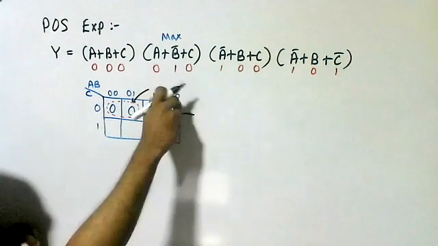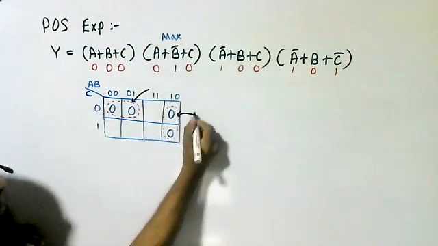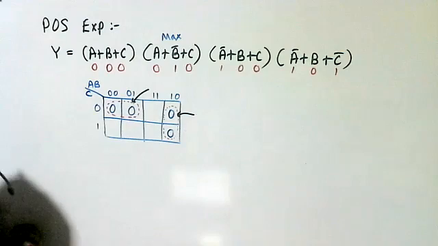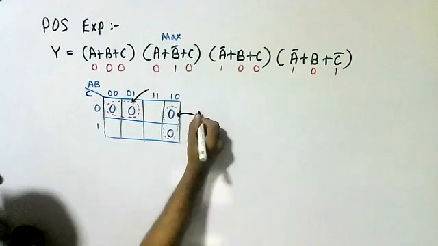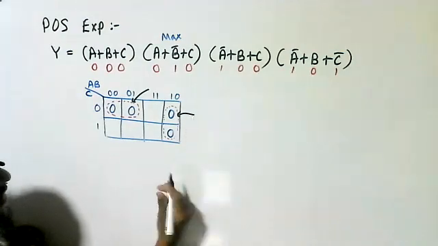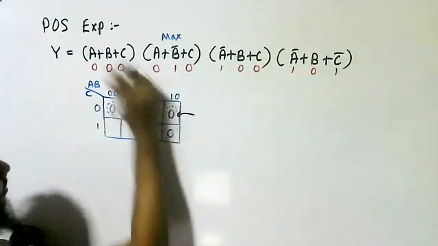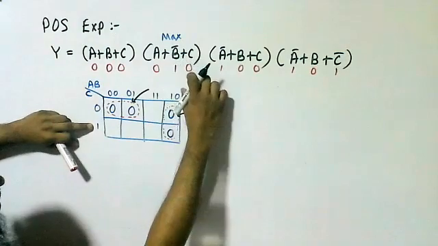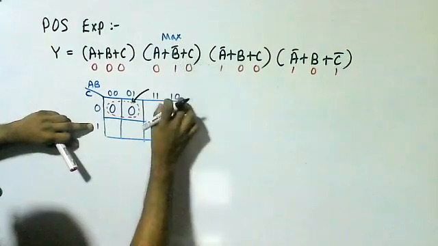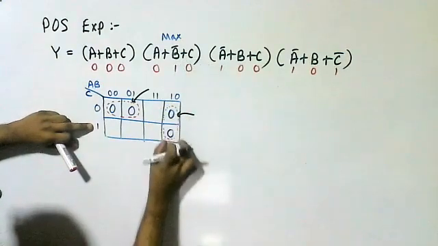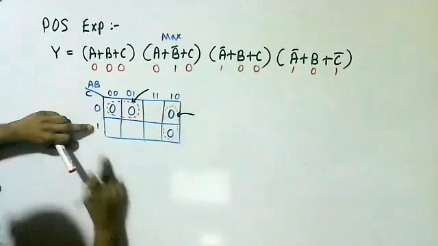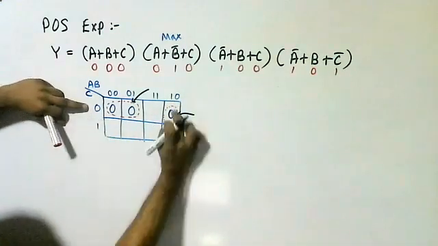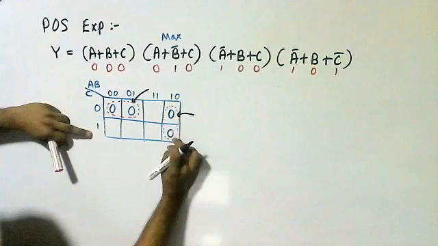Same rules apply here. In this group, A, B is not changing, C is changing because here C is 0, here C is 1.